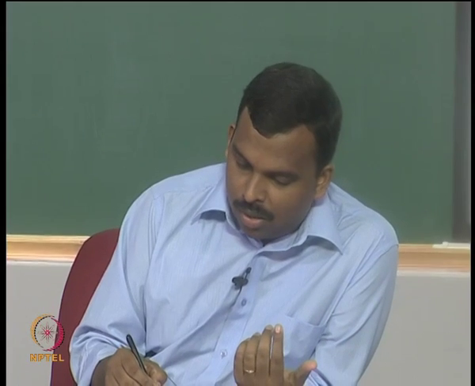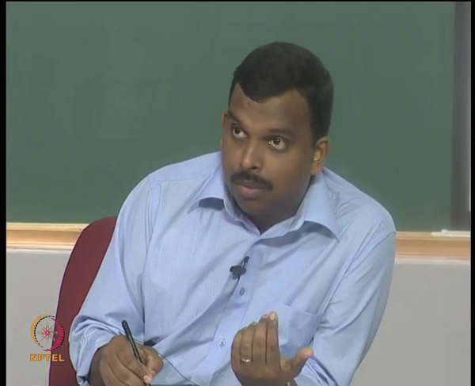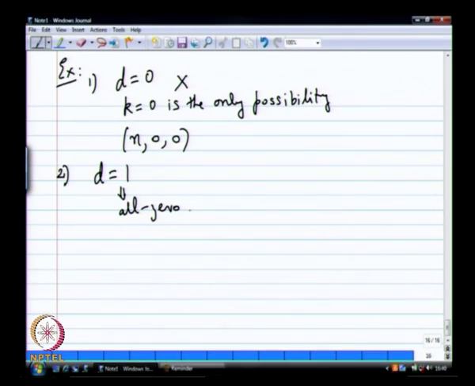So you should have an all 0 column. There should be an all 0 column in H. This is the only way in which it can happen.